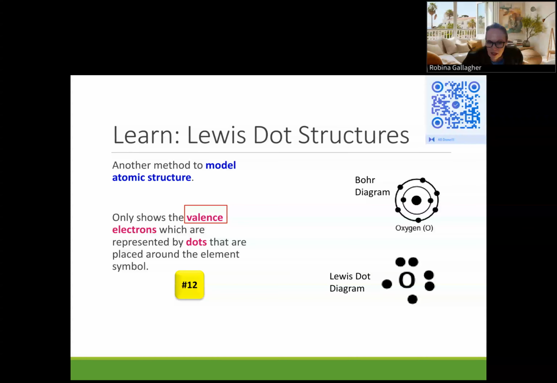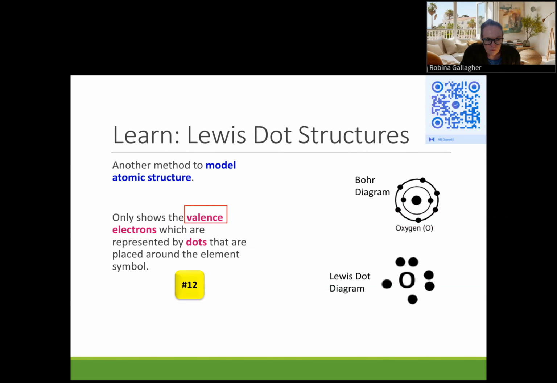In the Lewis dot diagram of oxygen, all we have is the symbol of the element in the middle, and then we have the electrons around the symbol. We put these electrons in pairs if there's pairs, and single dots show us the unpaired electrons that are available to bond.